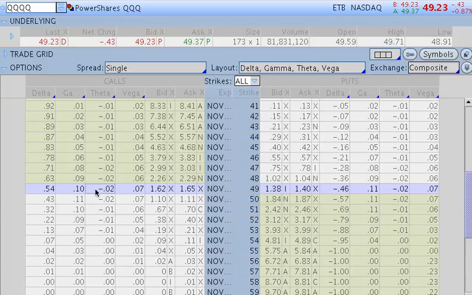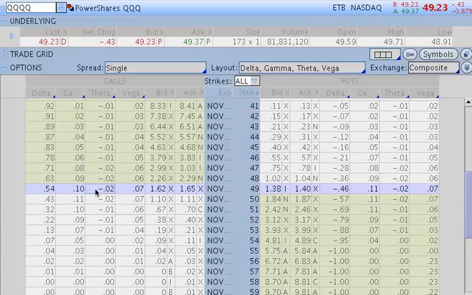So the big trick, really the big myth about options, is that if the market moves higher and you have a call, you're definitely going to make money, and that just is not true. If the market moves higher, yeah, you could make money, but it has to move fast enough and quick enough so that theta doesn't decay the value of that option. Theta is just that little thing that's eating away at the value of your option slowly every day.